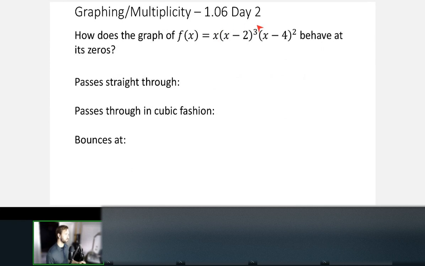Depending on the powers, a root is either going to pass straight through, or pass through in a cubic fashion, a little wavy, or it's going to bounce off. It's going to touch the axis and just bounce right off. Okay, so let's start here.